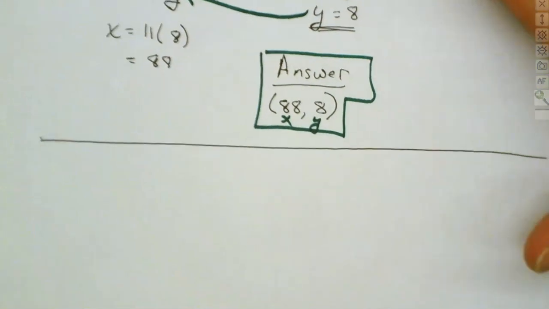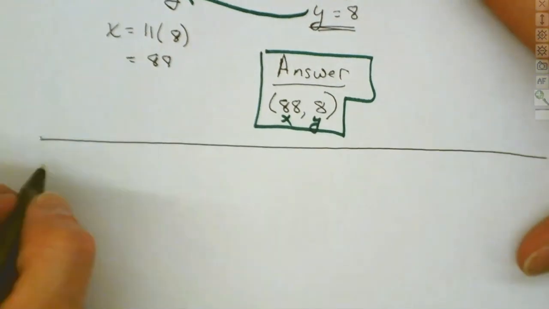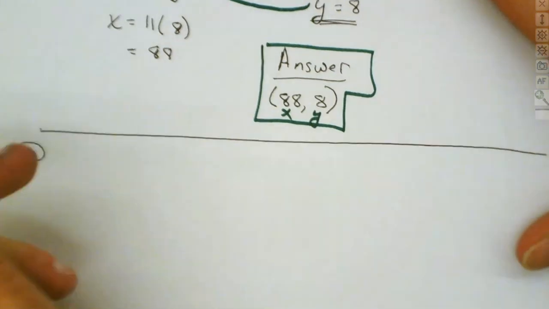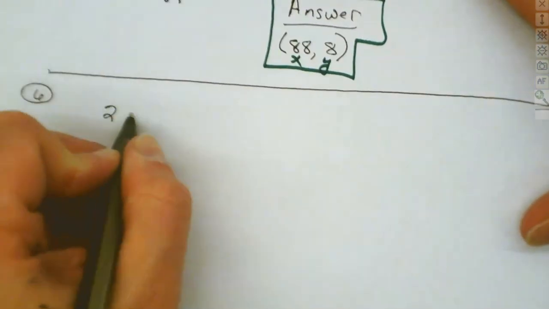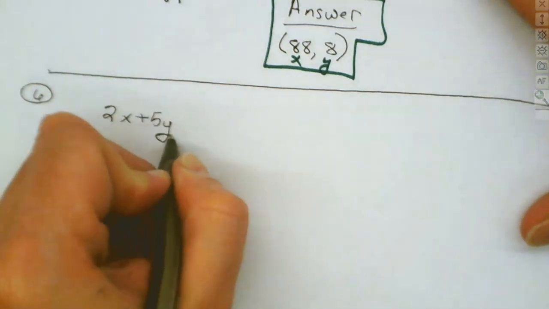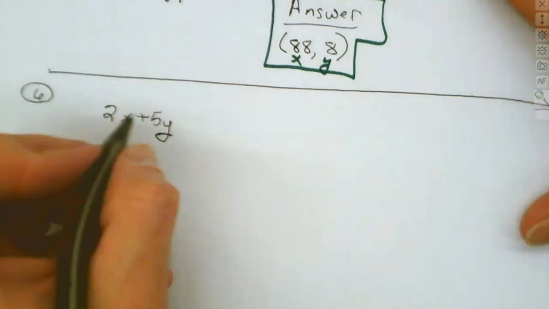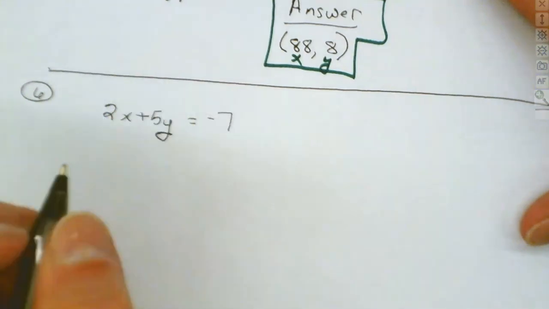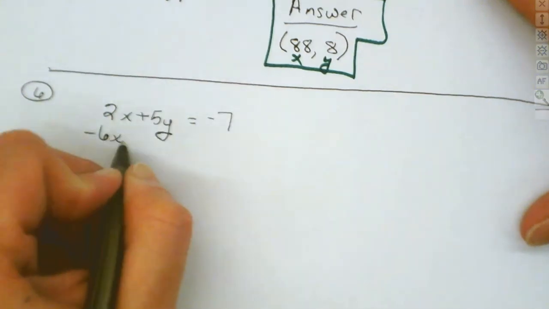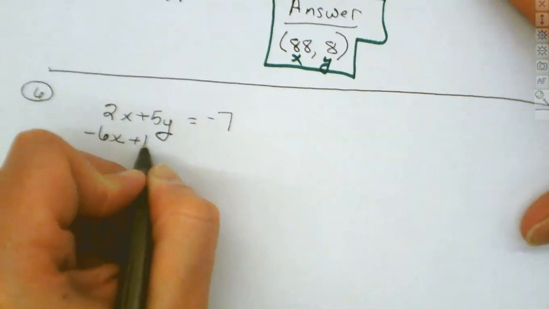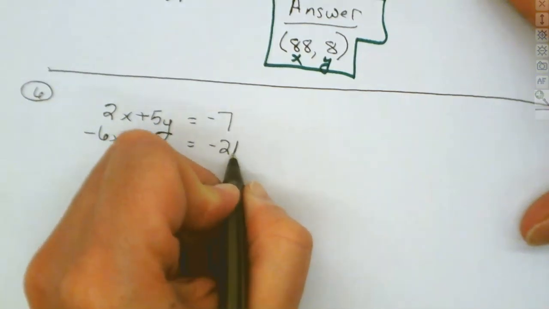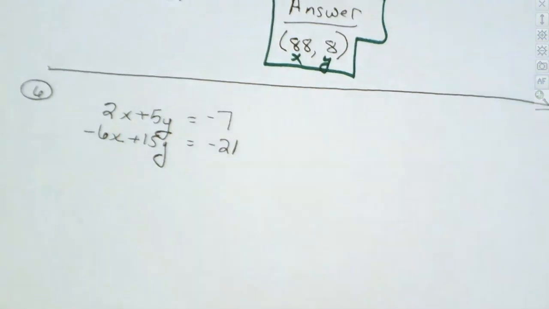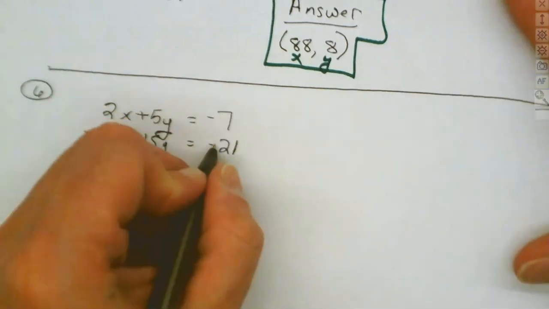So we're going to start off and we're going to see if we have a solution or not. So question 6, that is 2x plus 5y equals a negative 7, and minus 6x plus 15y equals a minus 21. Or sorry, positive 21. Let me make sure I get the signs right here.